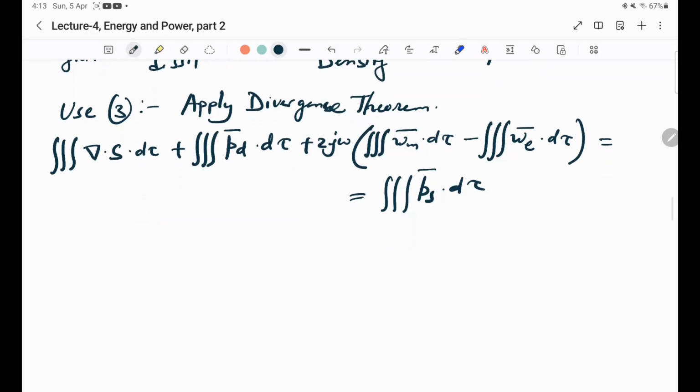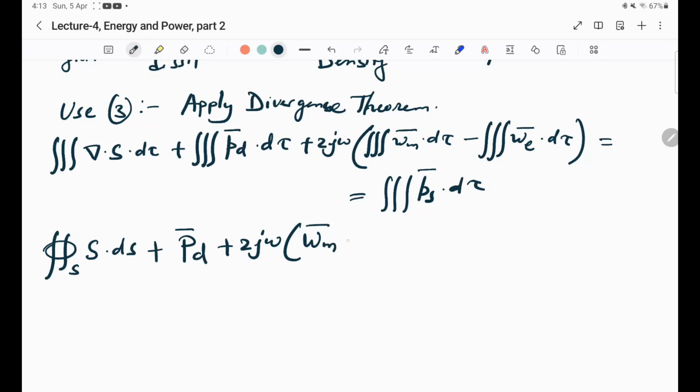Let's apply that. So we will get closed surface integration of S dot ds plus capital Pd bar plus 2j omega capital Wm bar minus capital We bar is equals to capital Ps bar. Let's call this equation number 5.